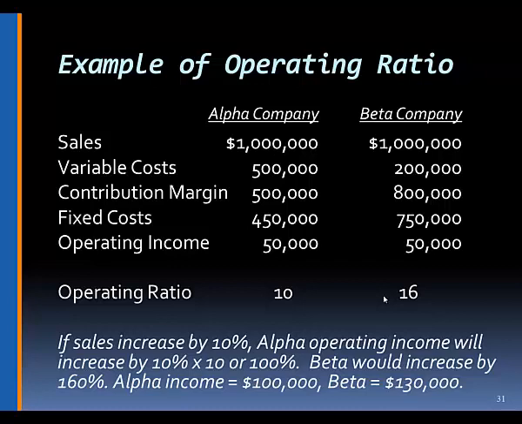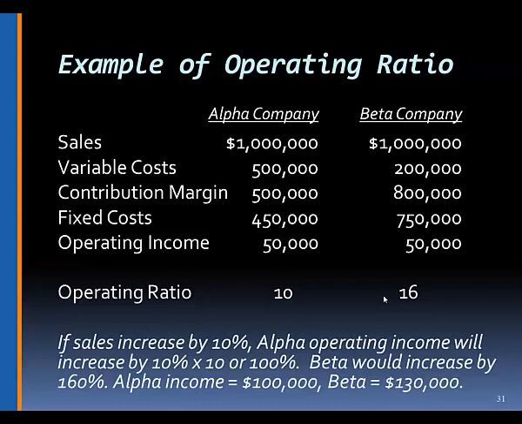Here is an example of two firms. They have absolutely the same dollar amount of sales. They have the same operating income, which means their total costs are $950,000. But you'll notice that Alpha's variable costs are $500,000 and Beta's are $200,000. Alpha's fixed costs are $450,000.